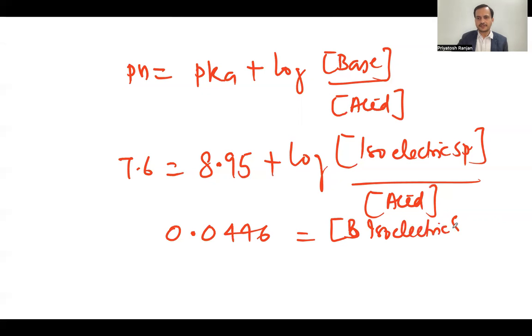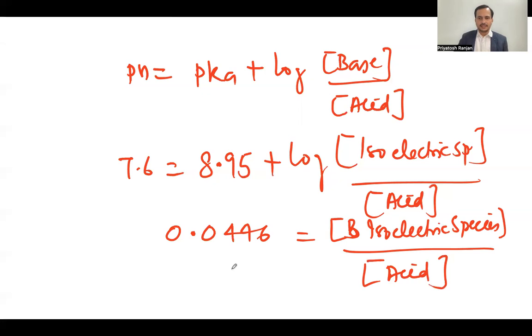the ratio of the concentration of isoelectric species by the concentration of acid. Remember, I need to calculate the concentration and not the ratio. So what is the concentration going to be?